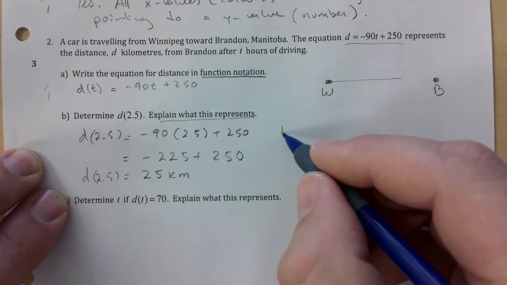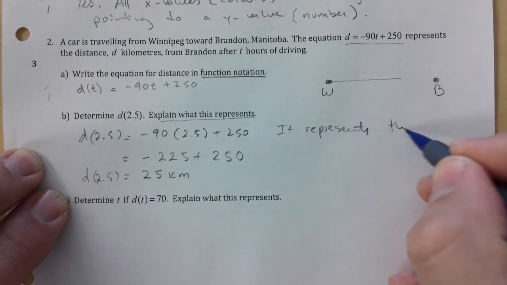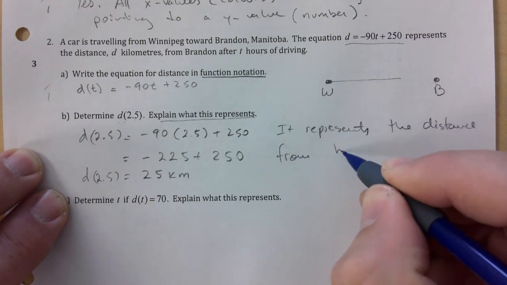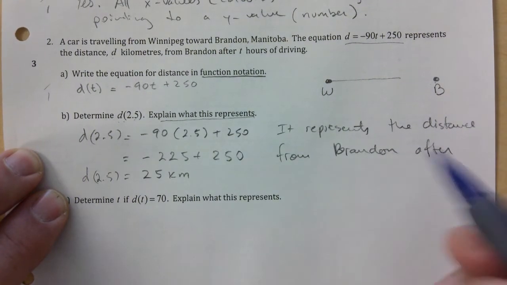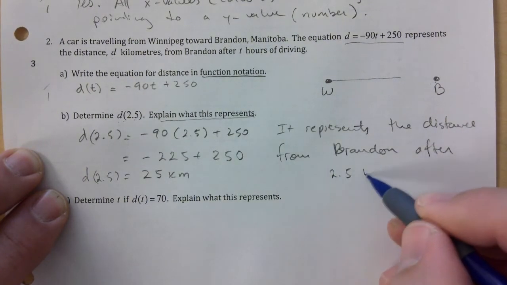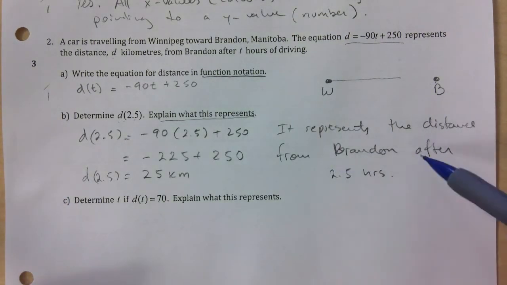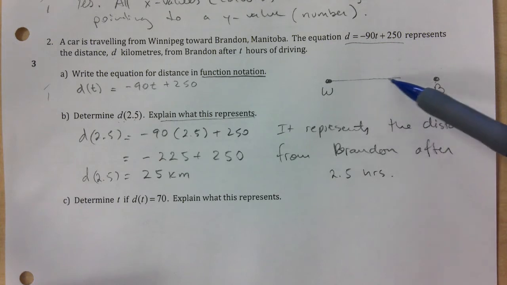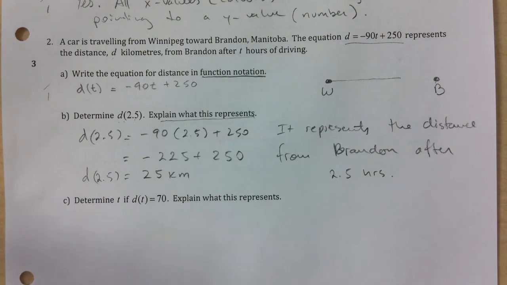So it represents the distance from Brandon after 2.5 hours. So after traveling 2.5 hours from Winnipeg, there's a distance of 25 kilometers from Brandon.